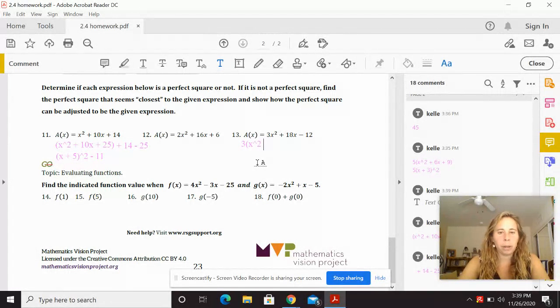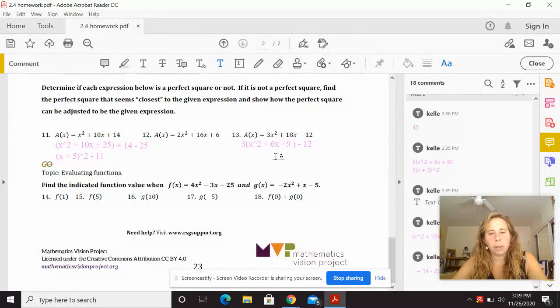That leaves me with x squared plus 18x divided by 3 is 6x, and then you have minus 12 out here. Let's complete the square inside: 6 divided by 2, which is 3, squared is 9, so it's plus 9.